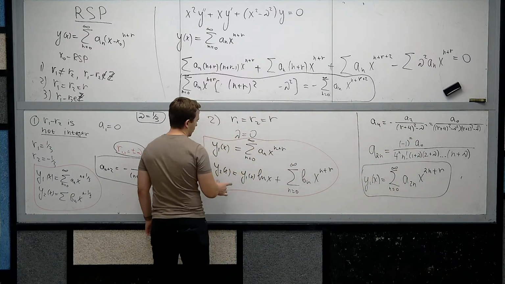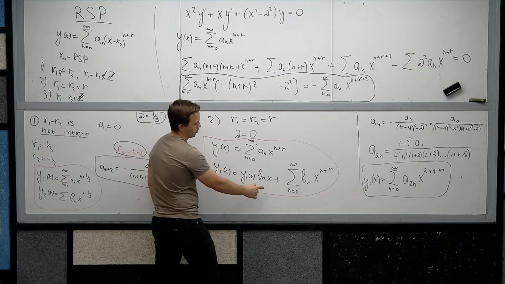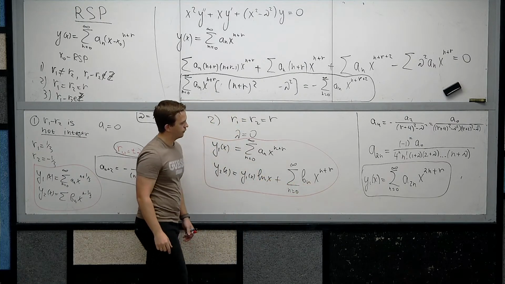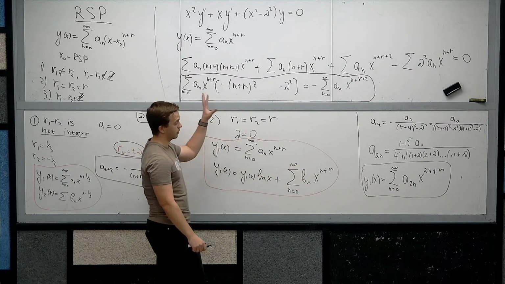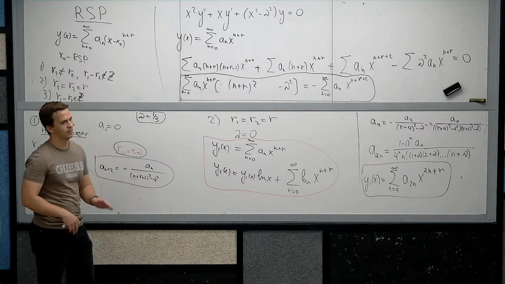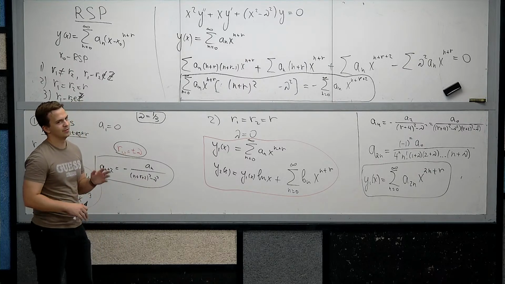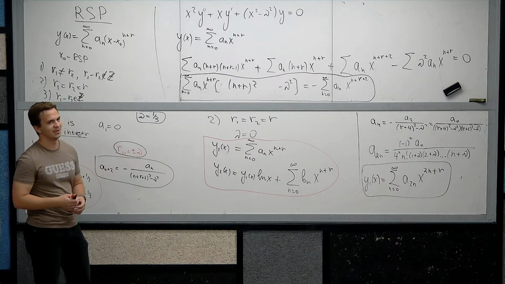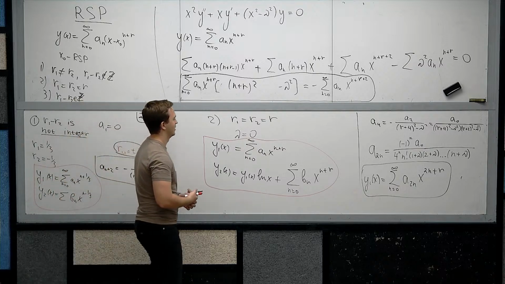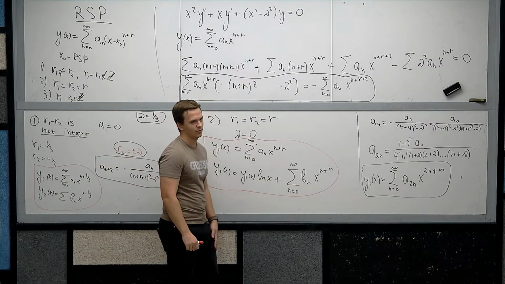Again, you know y1, you don't know these coefficients, you plug this monster into the original equation, calculate, and then after a couple of hours you will obtain these equations.